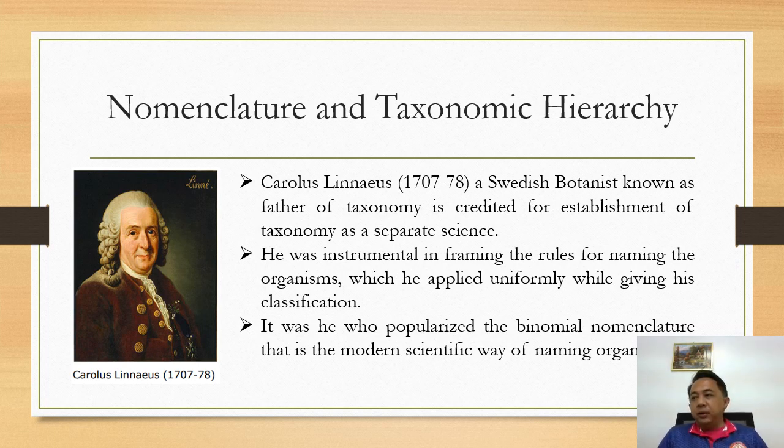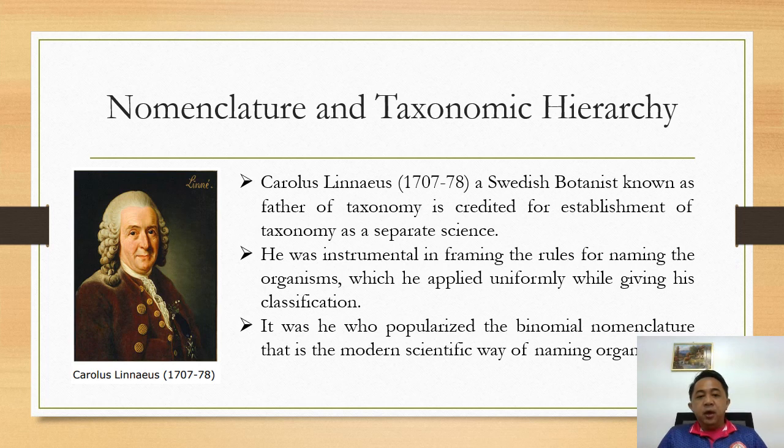Now, if you recall, there are other people or scientists who classified organisms, but the method that was introduced by Linnaeus is a more systematic method. That's why we are still using the taxonomic hierarchy that was devised by Linnaeus.